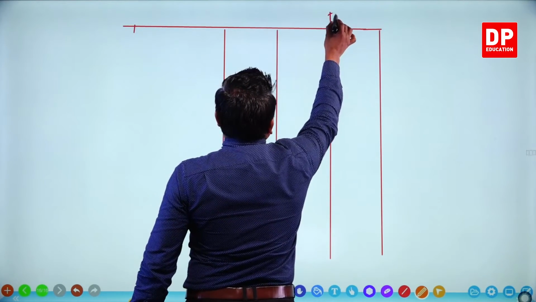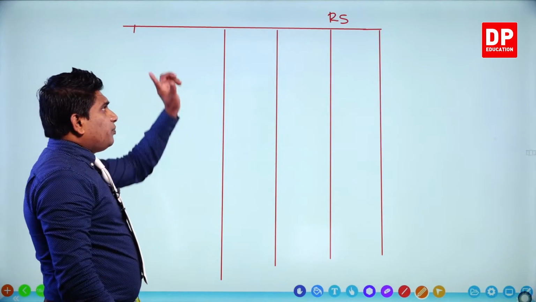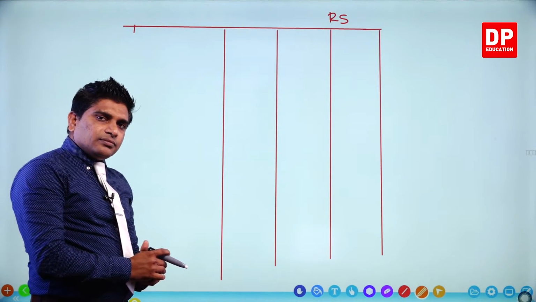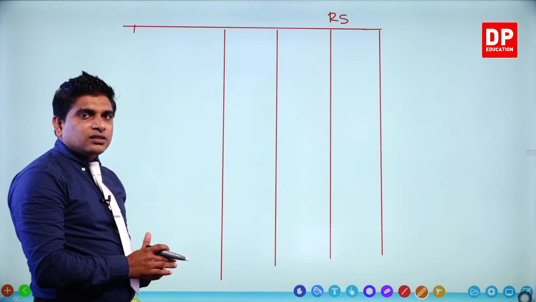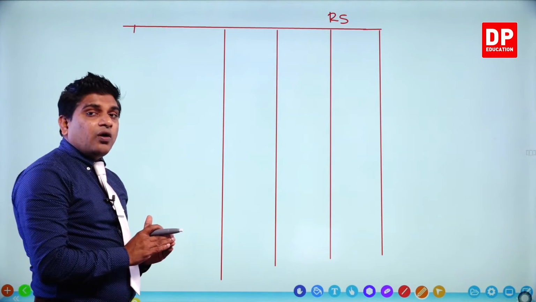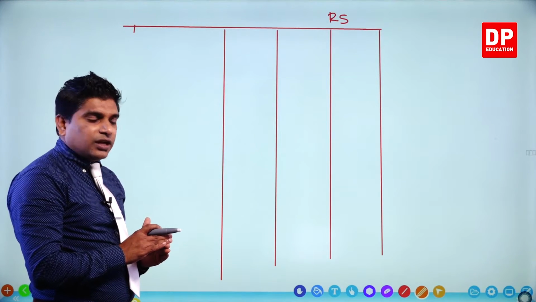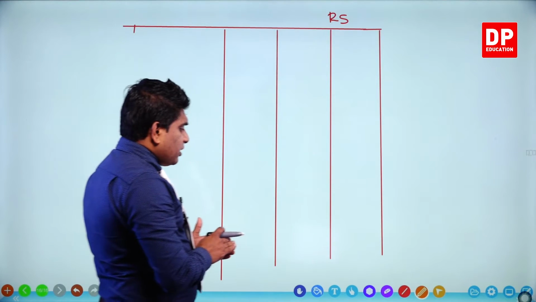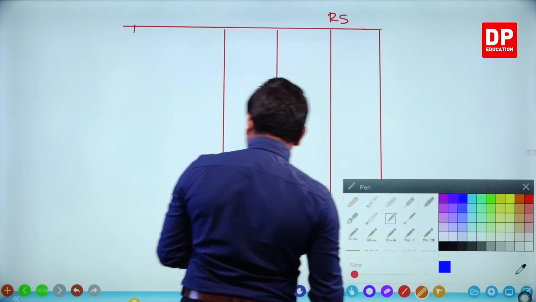On the top you write rupees. Actually, on the top you have to write the name of the business, name of the accountant, and time period. What is the business name?